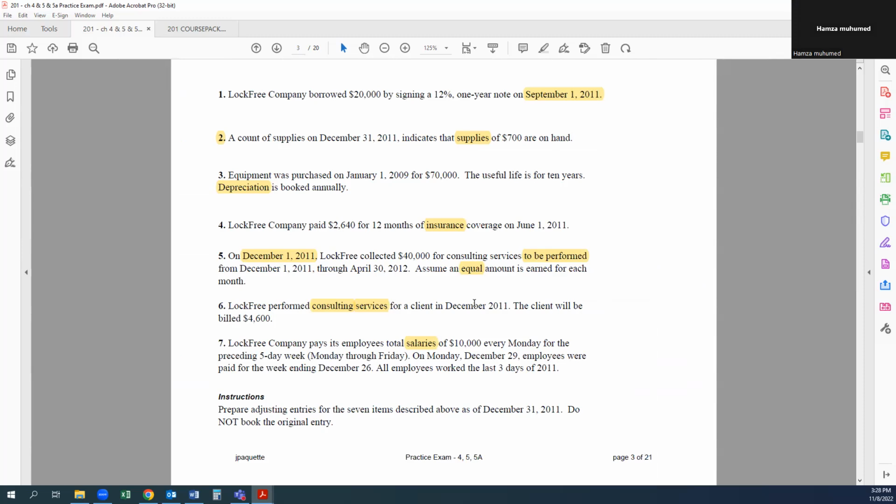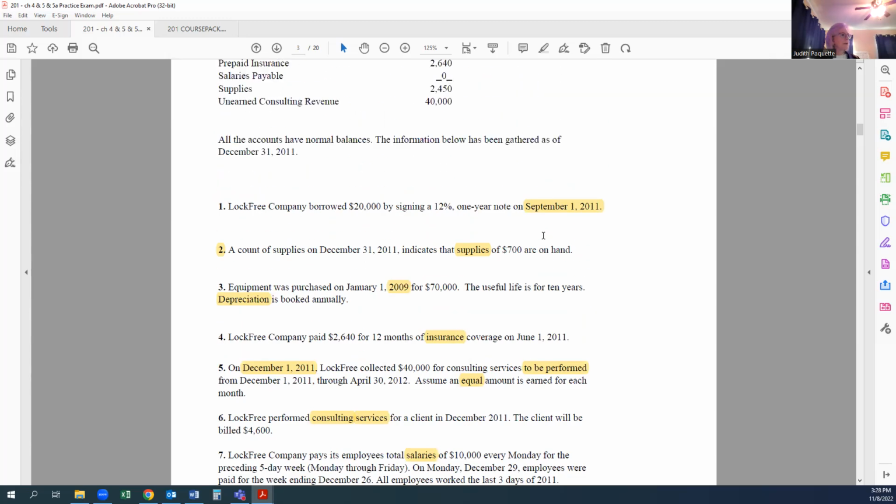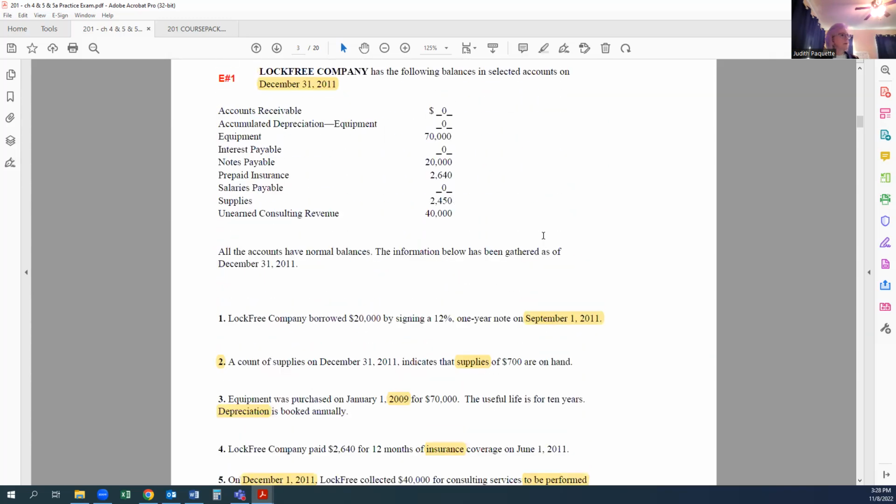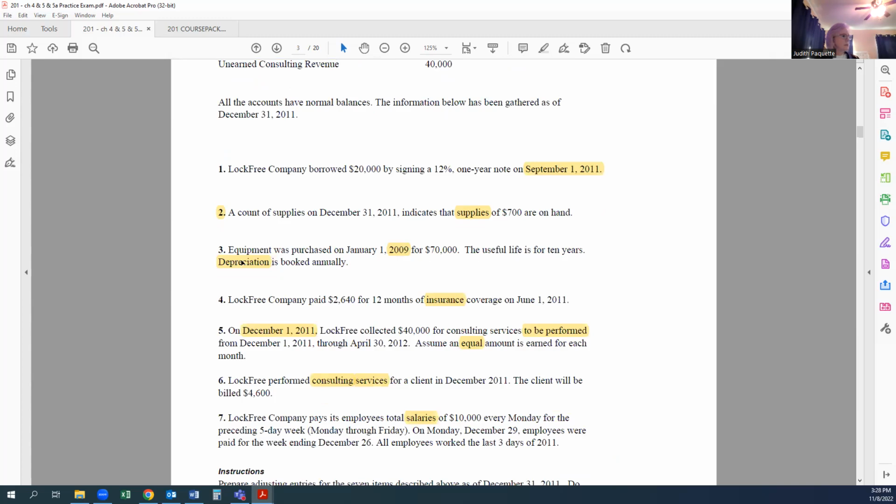But it said that we got this in 2009. So 10 years, wouldn't it be 3 years? So we bought it in 2009, good catch. It should be 2009 for 70.